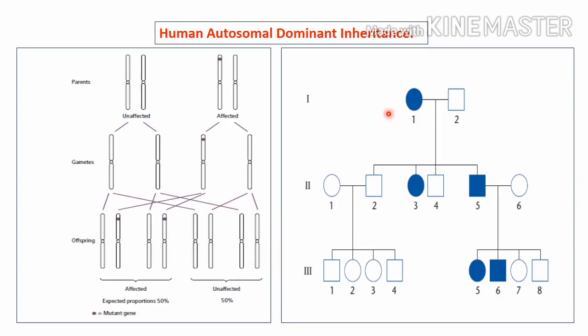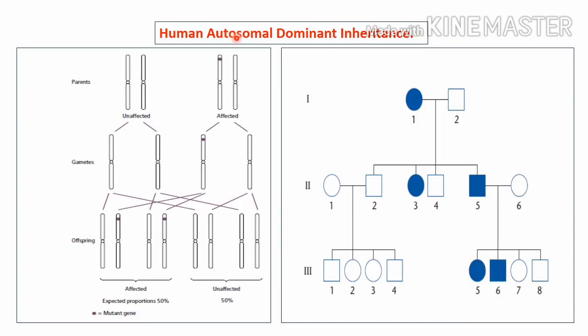The right hand side shows the pedigree analysis. In the first generation, the mother is affected and the father is normal, and they mate and produce a first son, then a daughter, then a son, and again a son. But here we can see that this daughter as well as this son is affected, and in the third generation once again both male and female are affected.